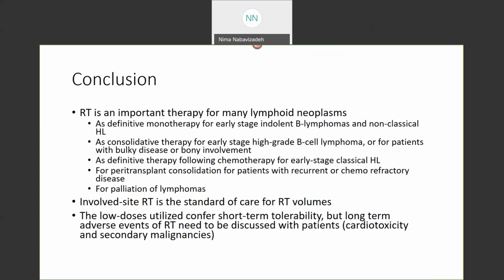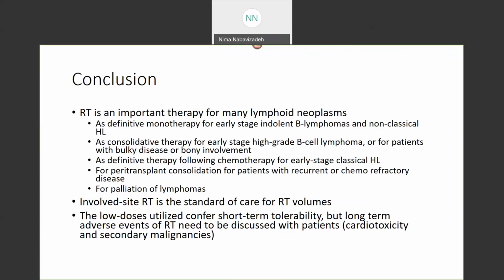We use radiation therapy as definitive therapy following chemotherapy for early stage classical Hodgkin's lymphoma patients. We also bring it in the peri-transplant setting to consolidate patients who may have either recurrent or chemorefractory disease. And like I showed you with our patient example, low dose radiation is extremely effective for palliation of symptoms.